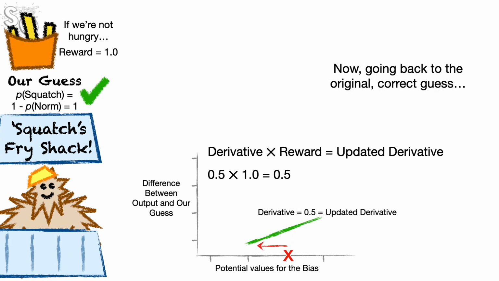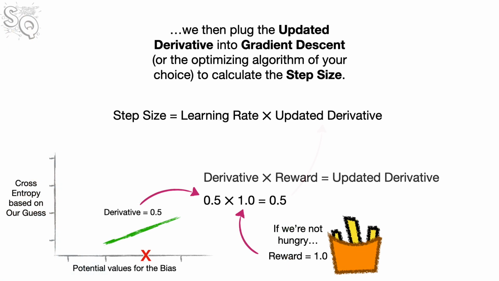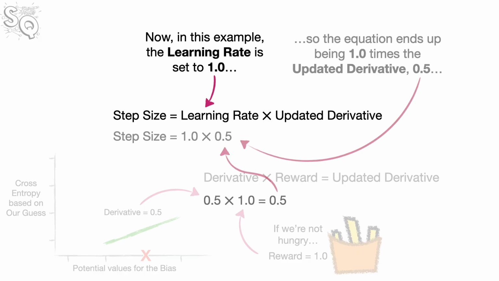Now, going back to the original correct guess, we then plug the updated derivative into gradient descent to calculate the step size. Now, in this example, the learning rate is set to 1.0. So the equation ends up being 1.0 times the updated derivative, 0.5.